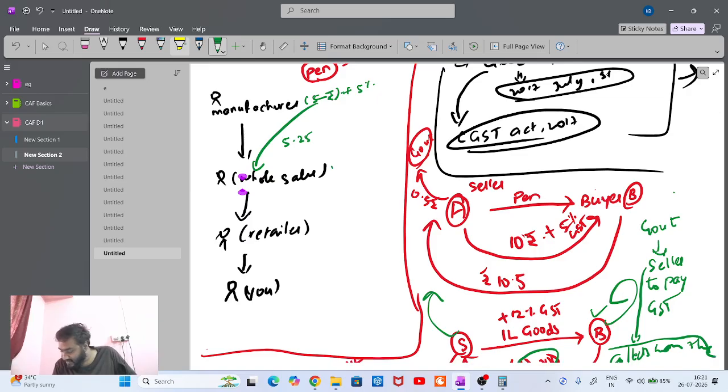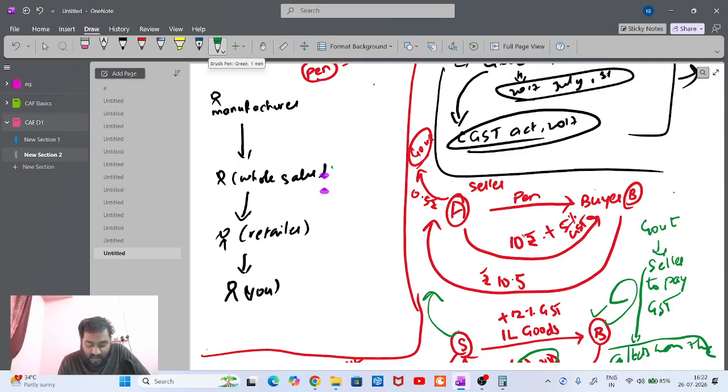Wholesaler, with his profits, 1 minute. I'll try to make this as clear as I can because the whole GST concept is here itself. The manufacturer sells a pen at 5 rupees plus 5% GST. So basically 5.25 is to be paid by the wholesaler.